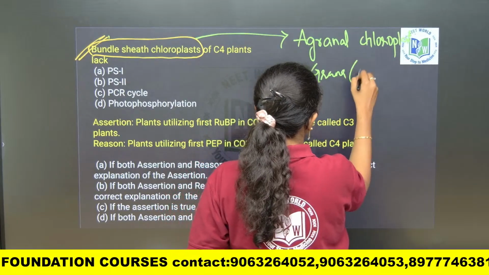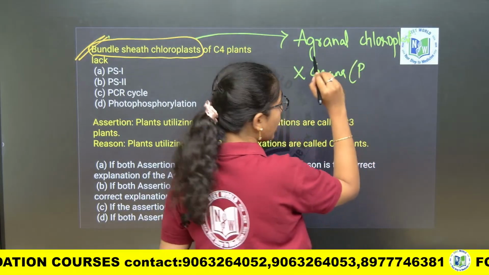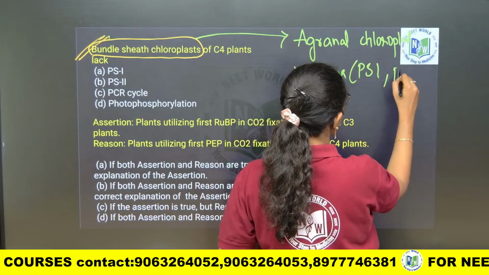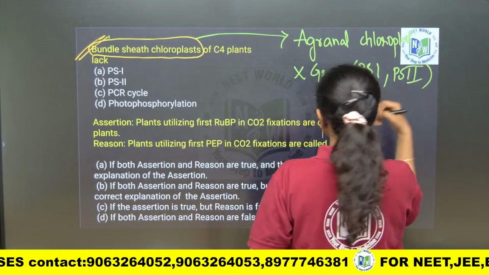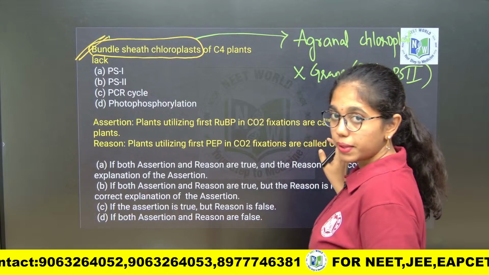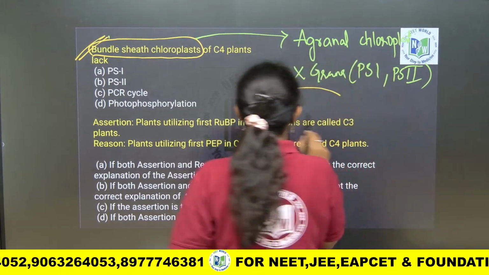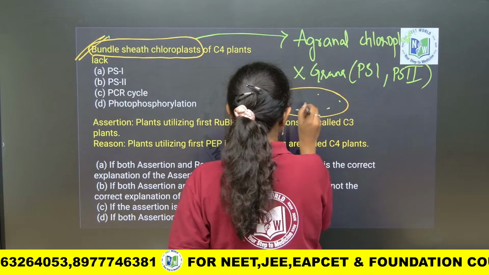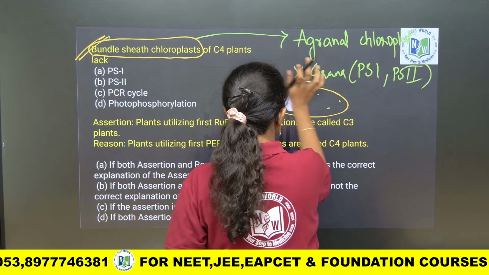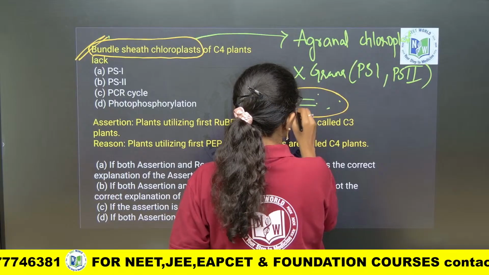On grana what photosystems do you have? PS1 and PS2. Here grana is not there, so it does not have PS1 and PS2. But it has stroma and stroma lamellae. Stroma lamellae is present.